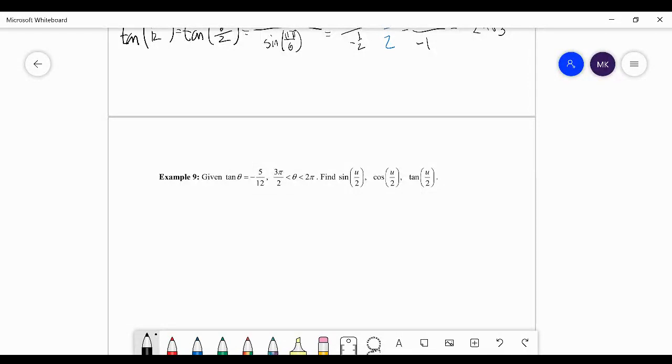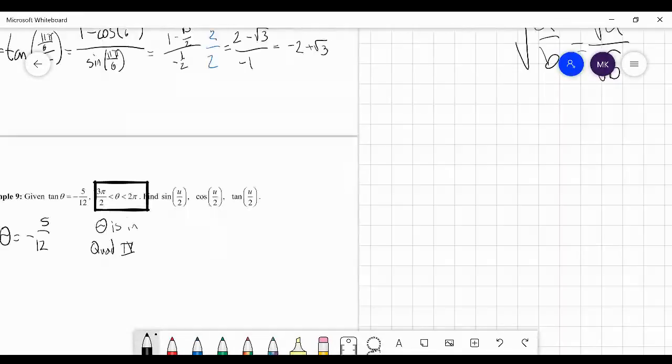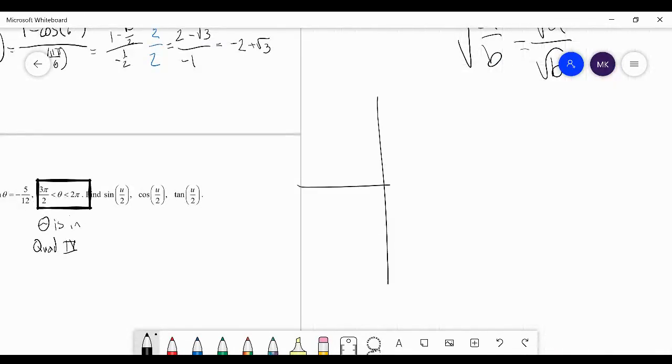So what I know is that tangent of theta is negative 5 over 12. What that tells me is that theta is in the fourth quadrant. So if I come over, get this angle here, create my triangle.